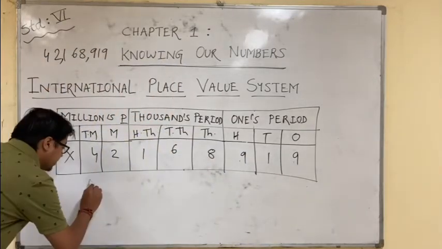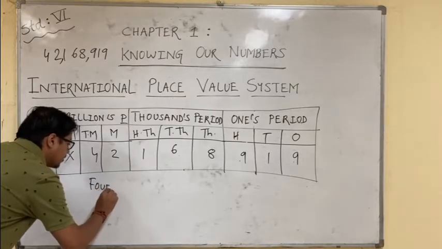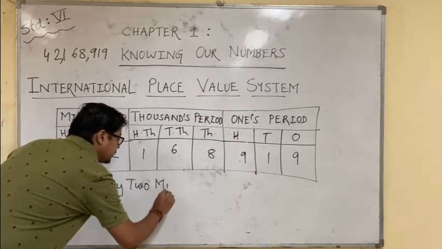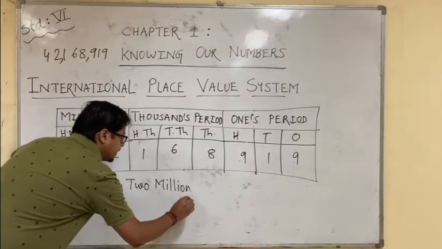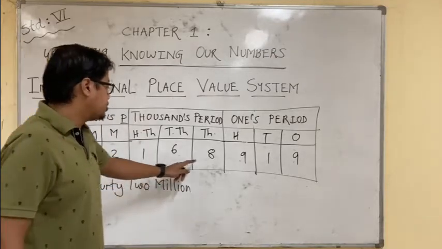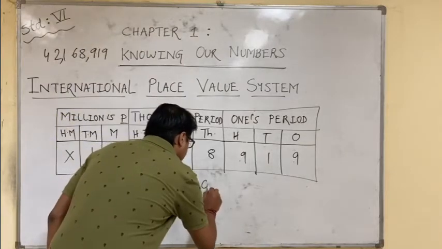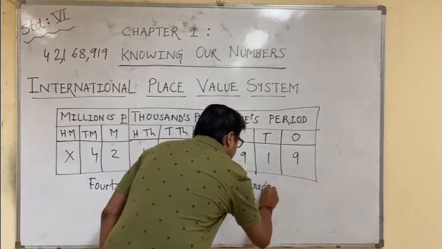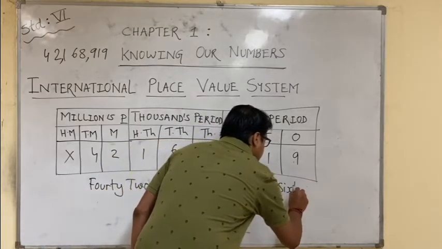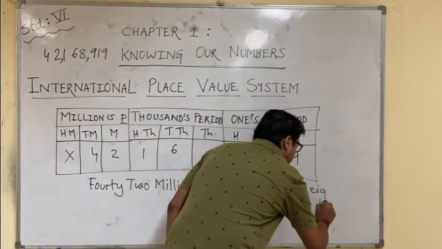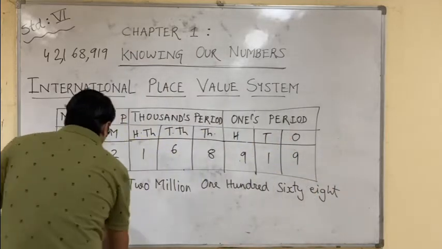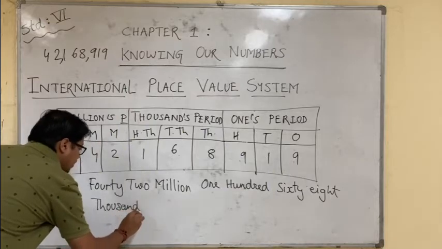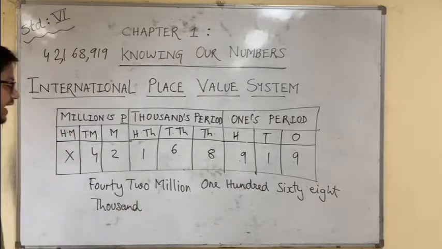So let me write it. 42 million, correct, 168 thousand, okay, 919.